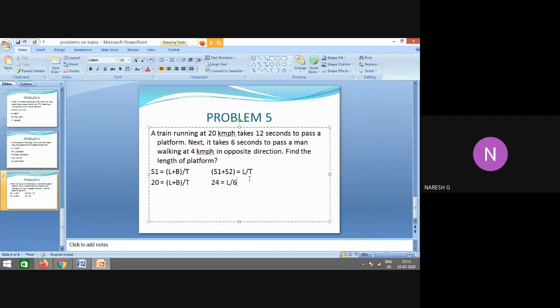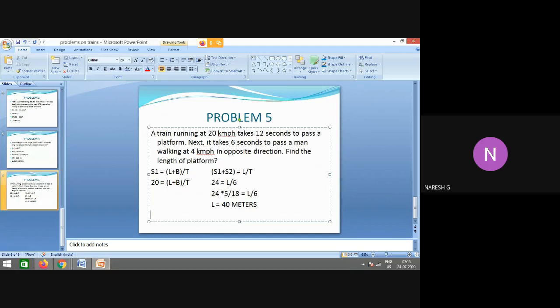Train length is in meters and time is in seconds, so convert this 24 km per hour to meters per second. 24 into 5 by 18 equal to L by 6. So finally we get L equal to 40 meters.